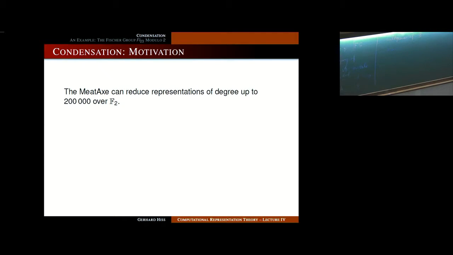And all these matrix operations, multiplication and Gaussian elimination, are essentially D cubed operations. So it goes with a cube of D. So if D increases by 2, then the work we have to do increases by a factor of 8, essentially. So you see, these are the bottlenecks.